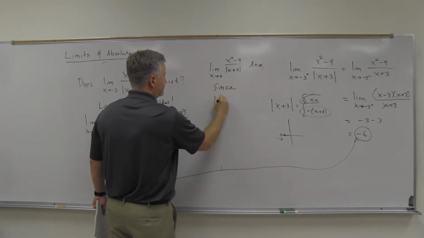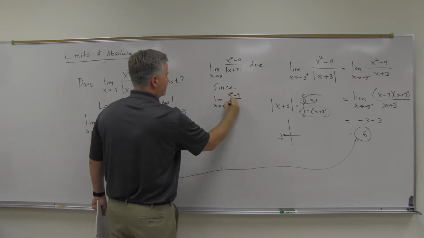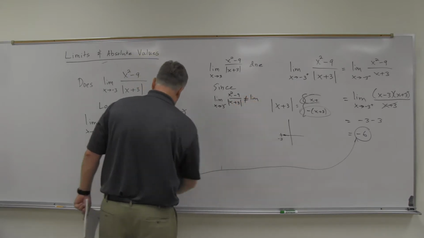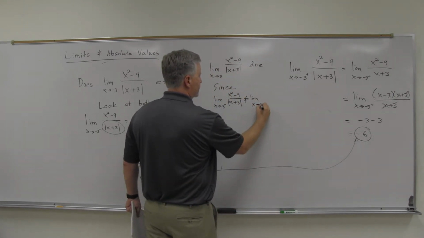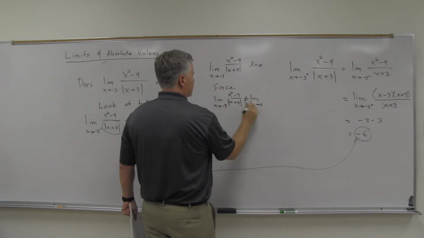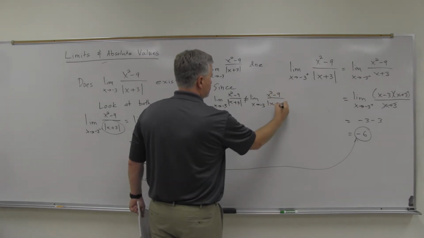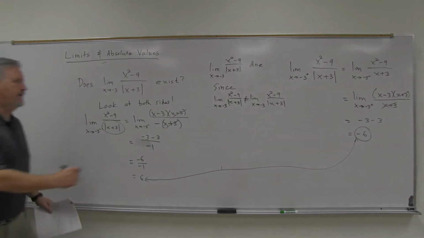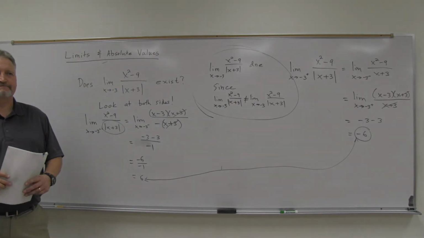And like I said, the nice way of writing it is the limit from the left doesn't equal the limit from the right, if they wanted to explain it. Okay? Make sense?